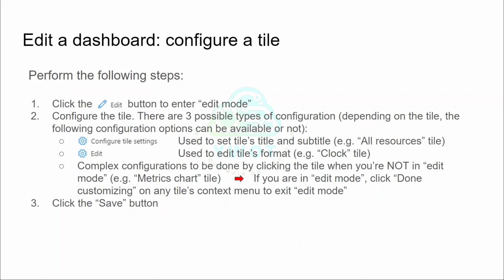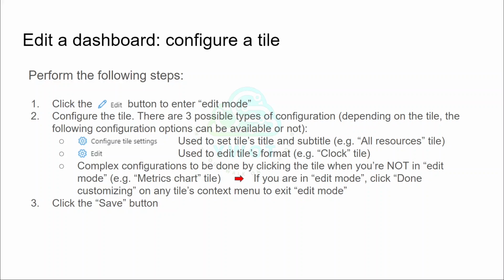This type of configuration is just used to set the tile's title and subtitle. The second configuration is Edit, so you can find the Edit menu in the tile's context menu. And in this case, this type of configuration is used to edit the tile's format, for example, in the clock tile.